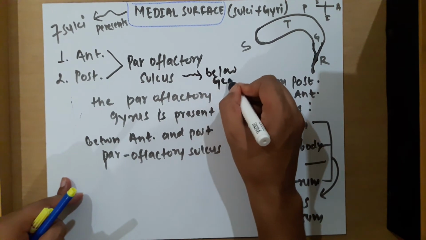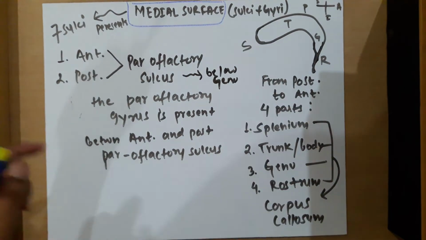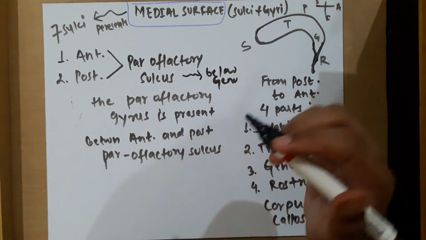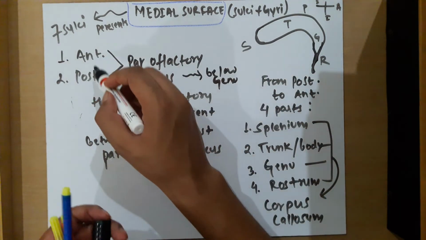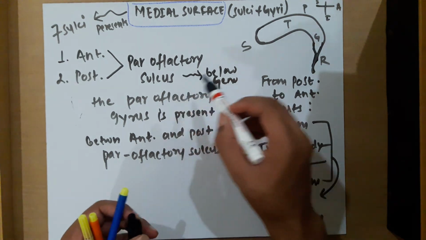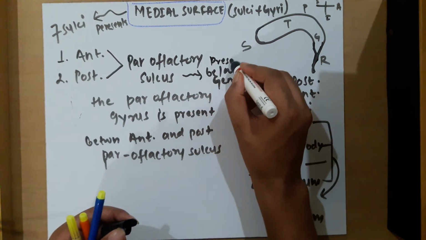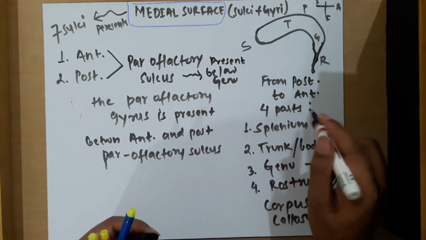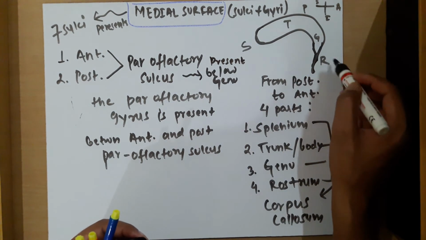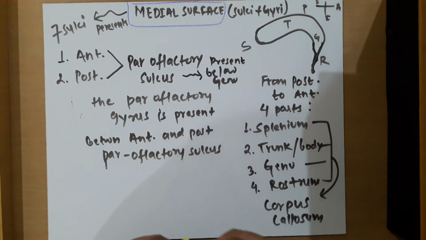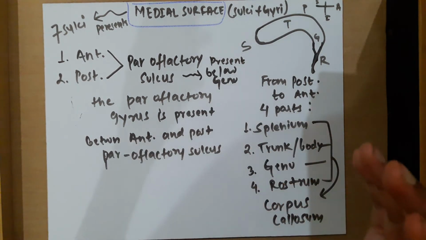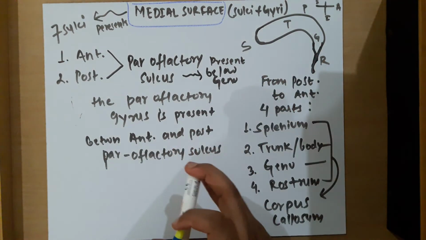That's why I discussed the parts of the corpus callosum, because we need to know the location of these sulci. While drawing the figure we'll mention it; for now, just try to remember the name and the location.